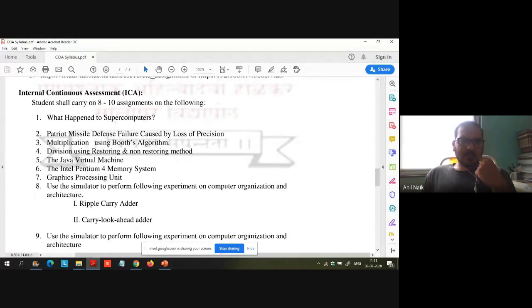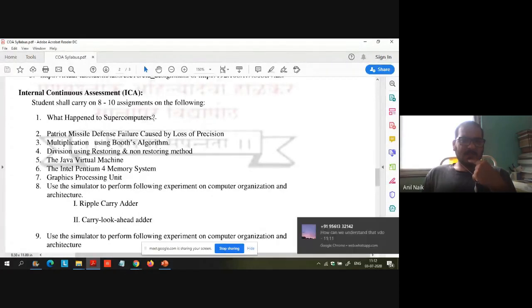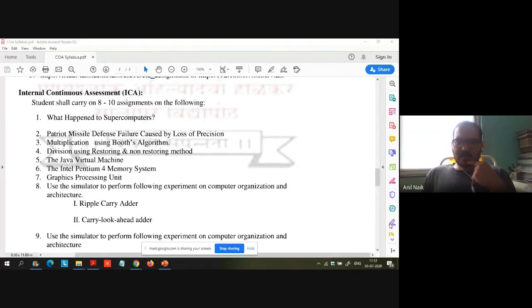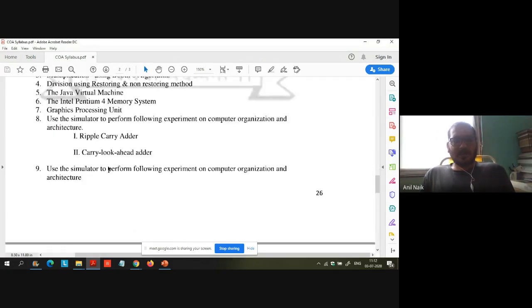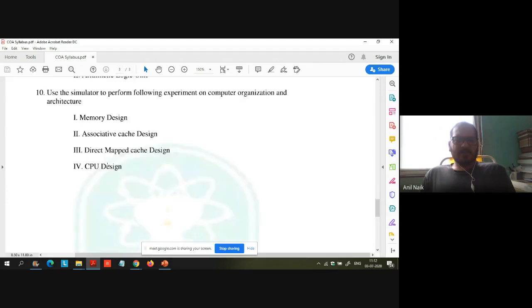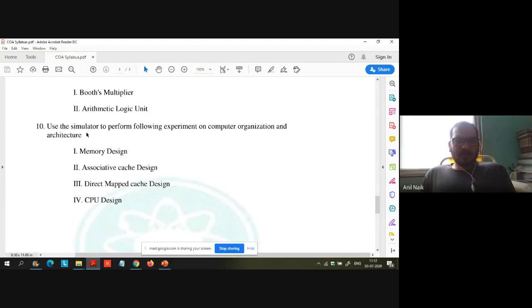Here these are the different case studies about what happened to supercomputers, the Patriot missile defense failure, multiplication using Booth's algorithm, and division. So these are some case studies. For this tutorial, you also have to use simulators to perform some of the assignments.